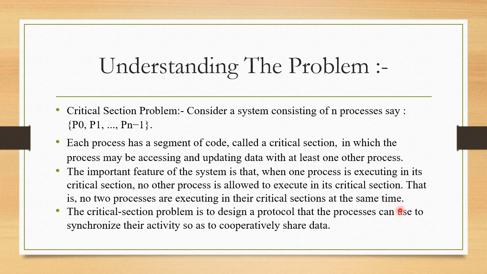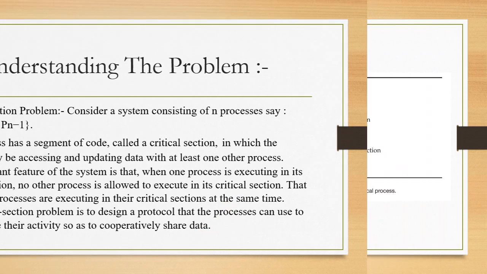So, for example, if there are n processes, then only one of those n processes can execute in its critical section. The other n minus 1 processes will have to execute in their remainder section, that's not the critical section. So, the critical section problem is to design a protocol that all the processes can use to synchronize their activity so as to cooperatively share data among themselves. So this was the critical section problem, right?